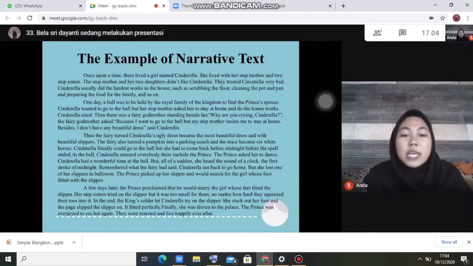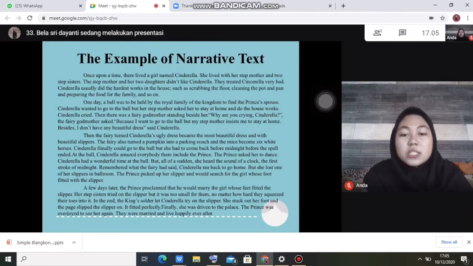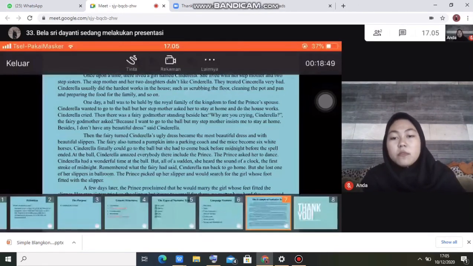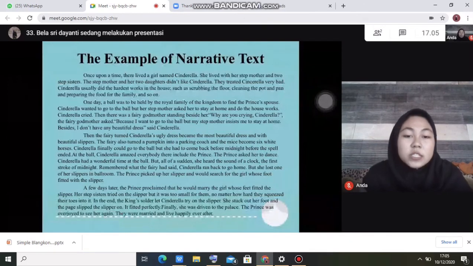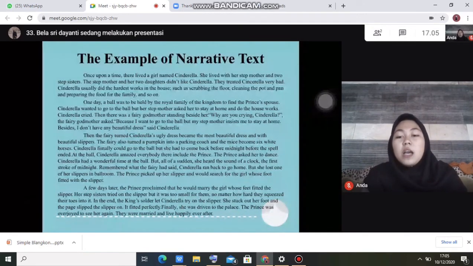No matter how hard they squeezed their nose into it, in the end, the king's soldier let Cinderella try on the slipper. She stuck out her foot and slipped the slipper on. It fitted perfectly. Finally, she was driven to the palace. The prince was overjoyed to see her again. They were married and lived happily ever after. The end.